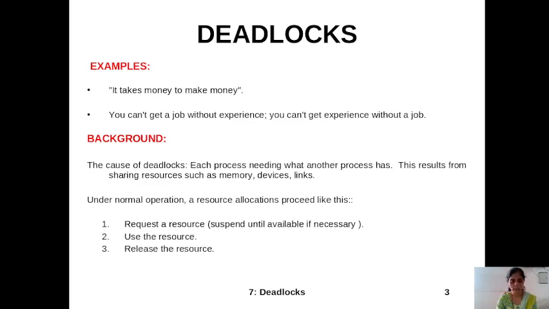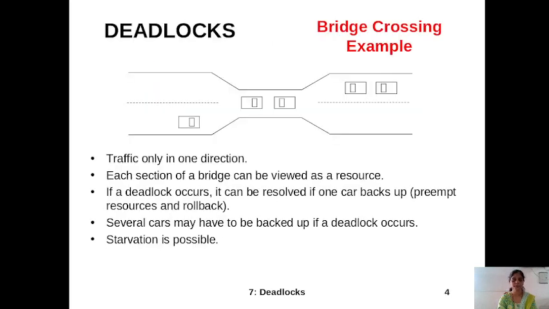After using the resource, it has to release it so that it can be used by other processes. So these are the three operations that usually take place when a process requires a resource for its execution.